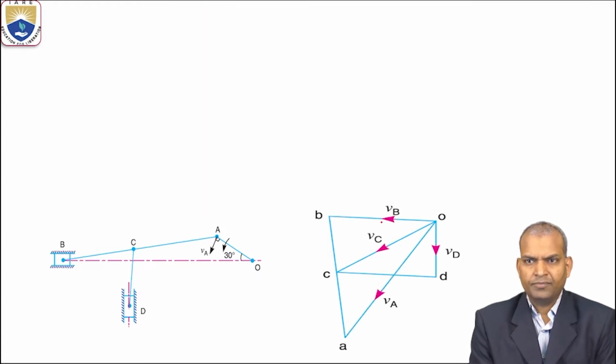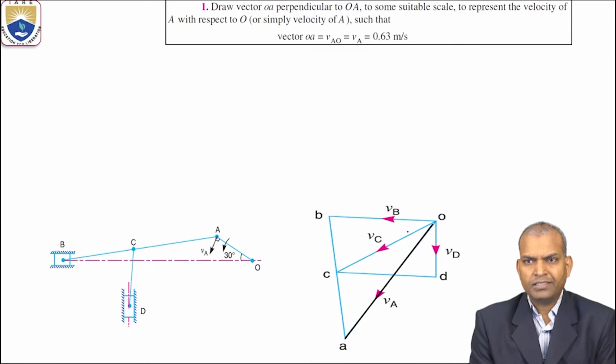This vector line OA is normal to the configuration link OA.